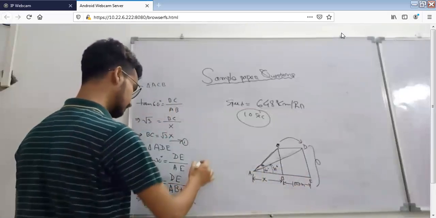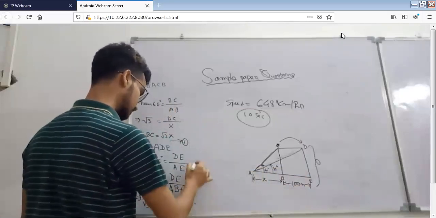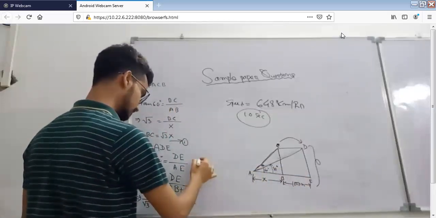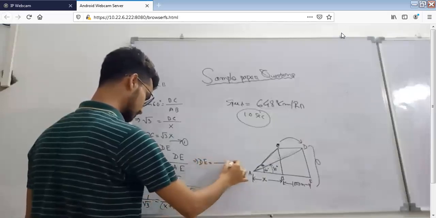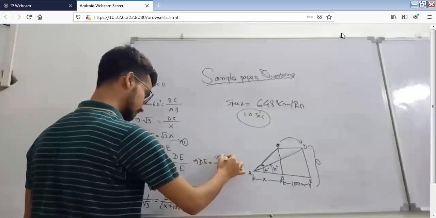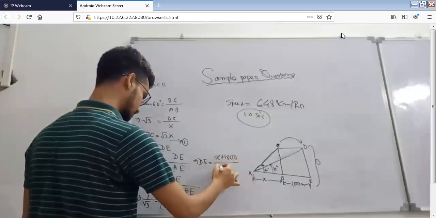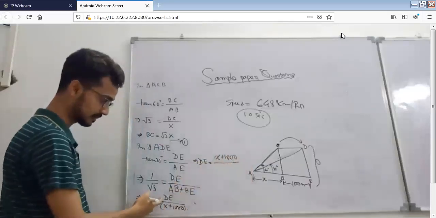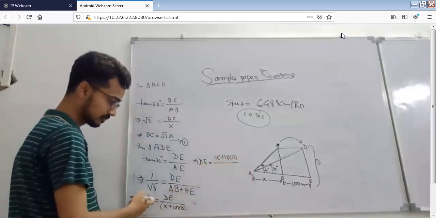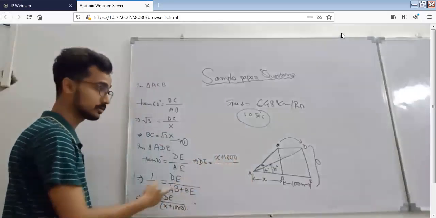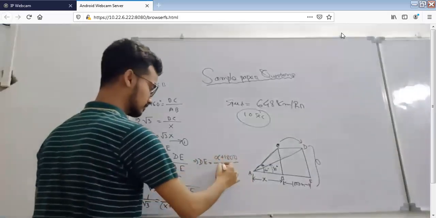So if you cross multiply it, root 3 DE will be equal to X plus 1800. So DE will be your X plus 1800 by root 3.